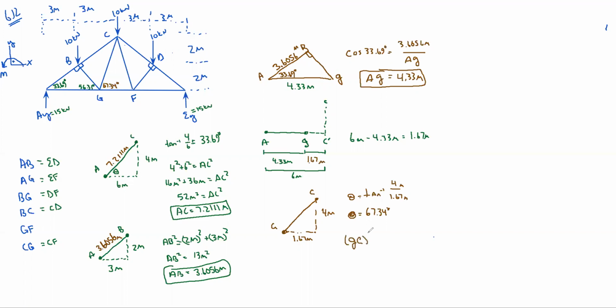GC squared is equal to 4 meters squared plus 1.67 meters squared, giving us that GC is equal to 4.33 meters, which I guess shouldn't be a surprise.